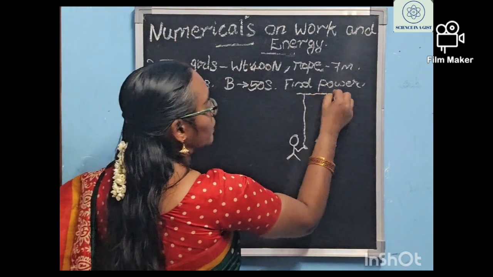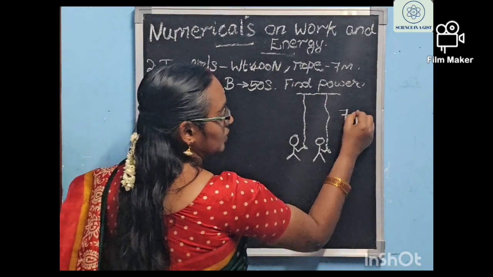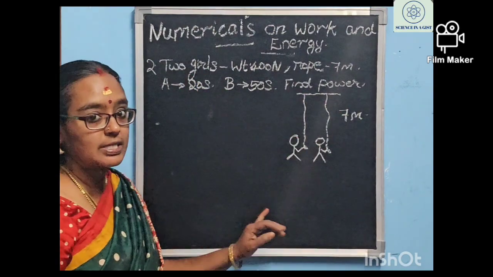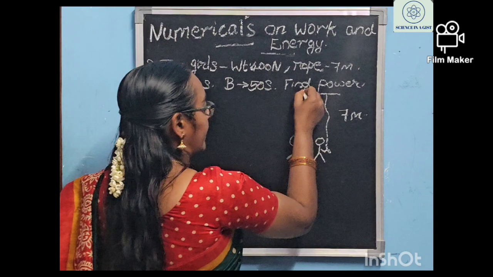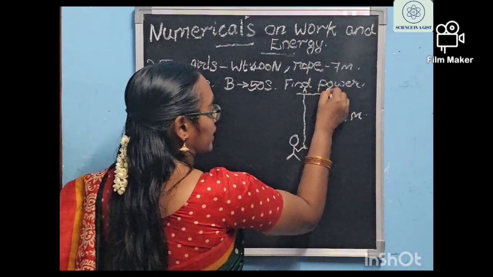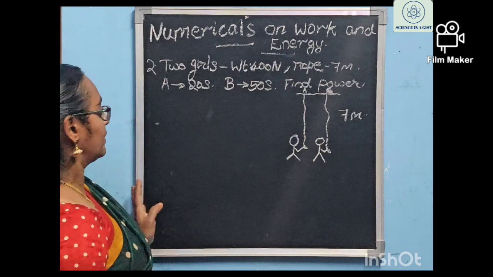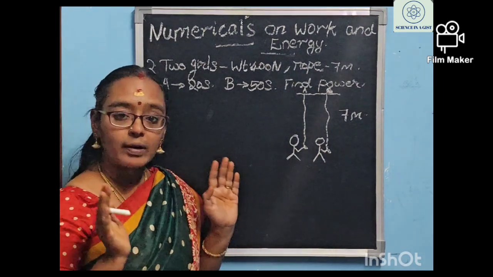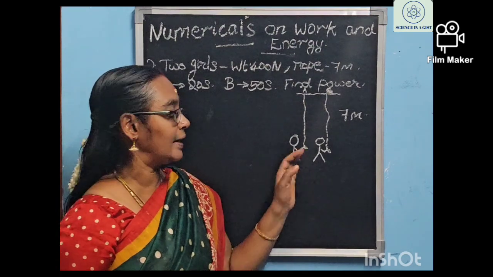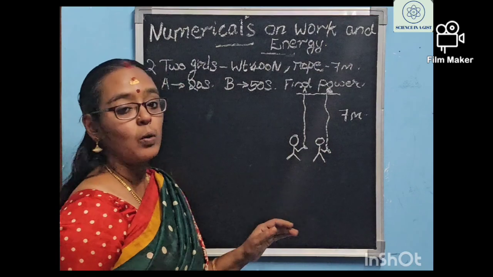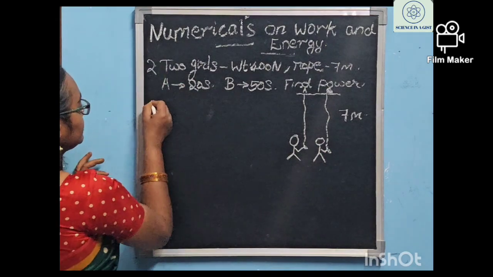What is the length of the rope? That is 7 meter. Okay, this is the picture which is needed. They have reached the top. This is girl A and this is girl B. Up to this extent the things are clear. Now we have read the question and we have drawn the requirements which we need.